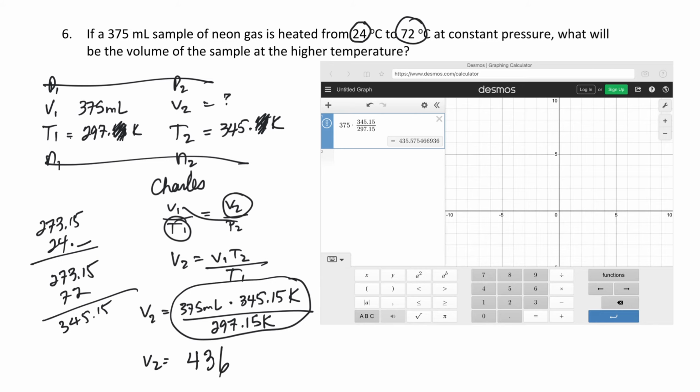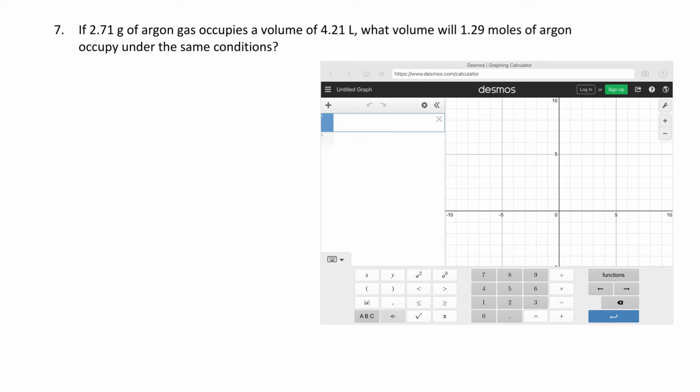Let's try another one. Okay, 2.71 grams. All right, let's do our P1 stuff. P2, V2, T2, N2. 2.71 grams of argon gas. So that's not on my list, but it's a gram.